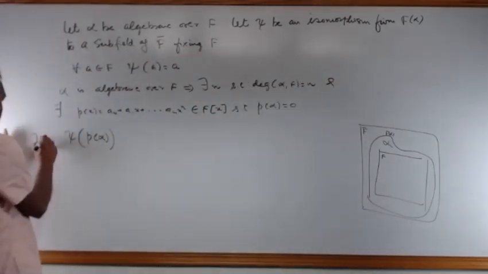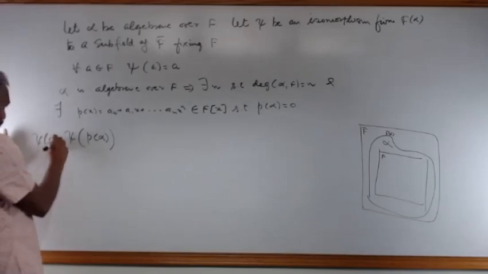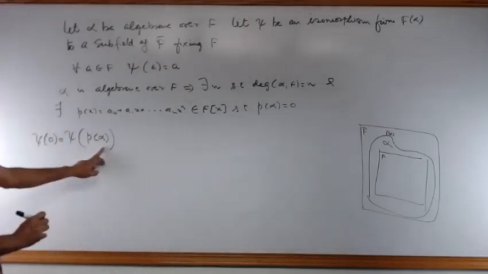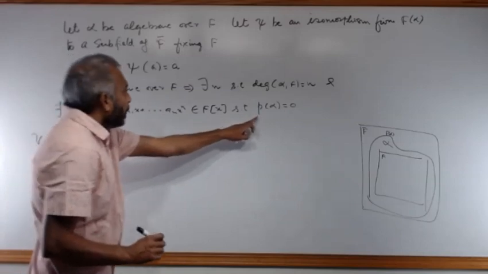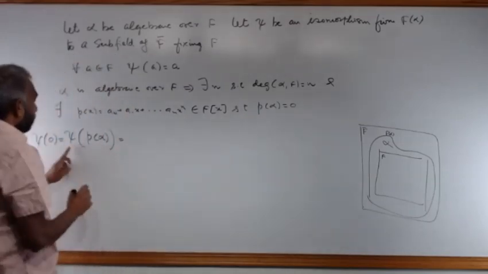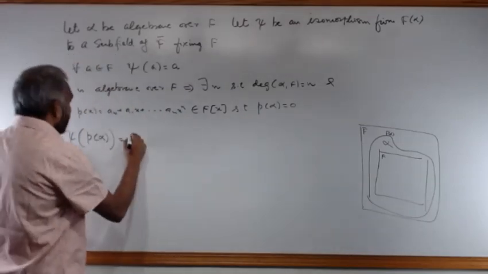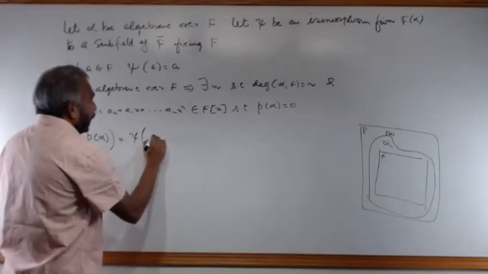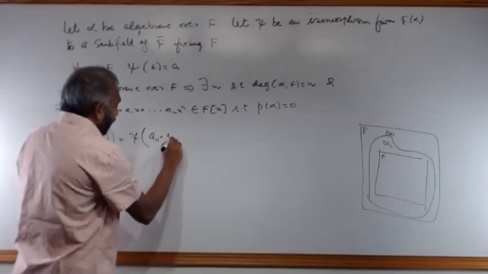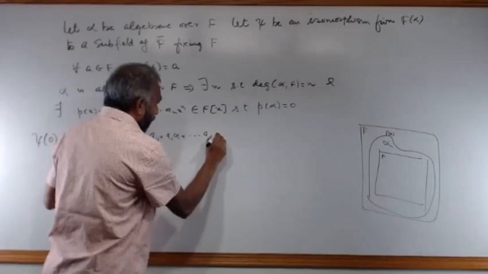Psi of 0 equals, because this is 0, and that is equal to, you can expand this, psi of a0 plus a1 alpha plus dash dash an alpha to the power of n.